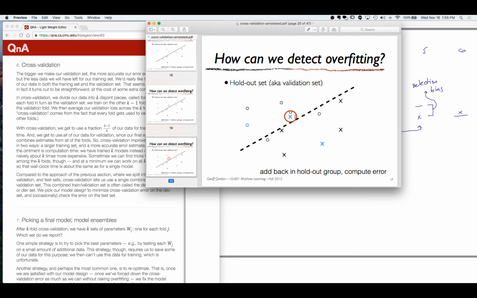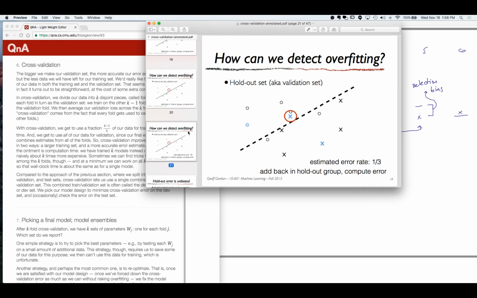But here is an error because there's a 1 that appeared on the 0 side of the decision boundary. So we get an estimated error rate, in this case, of 1/3, because that's 1 out of 3 wrong examples.